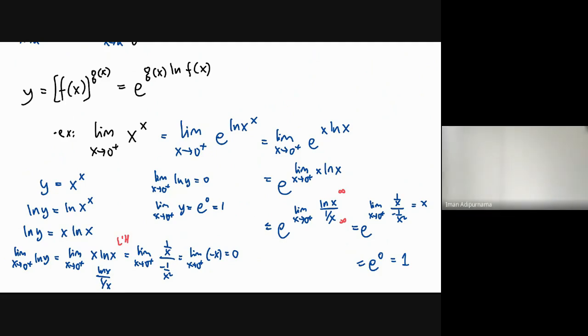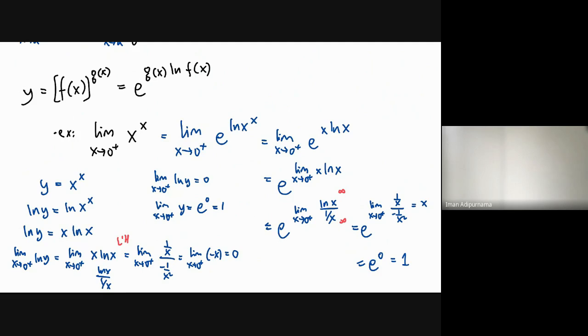You can do this using assumptions of y equals functions, and then you can do some multiplication with the ln first and evaluate the limit, making it into 0 over 0 or infinite over infinite. And then you get something there and put this result into e to evaluate the functions. Or you can directly write this x with power of x.